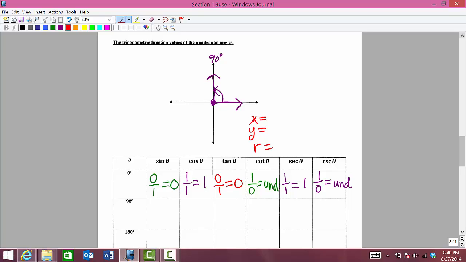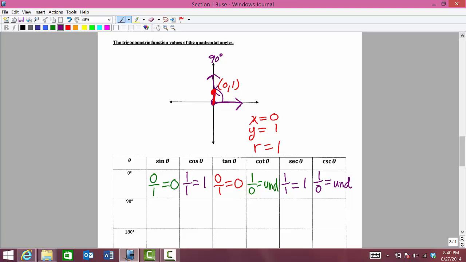So we can pick any point that lives on the terminal side of 90 degrees. So once again, we're going to pick the easiest point, (0, 1). So the x value of the point that we picked would be 0. The y value would be 1. And our r, remember, is the distance from the vertex to the point that we picked on the line. Pretty easy to see that that distance would be 1.